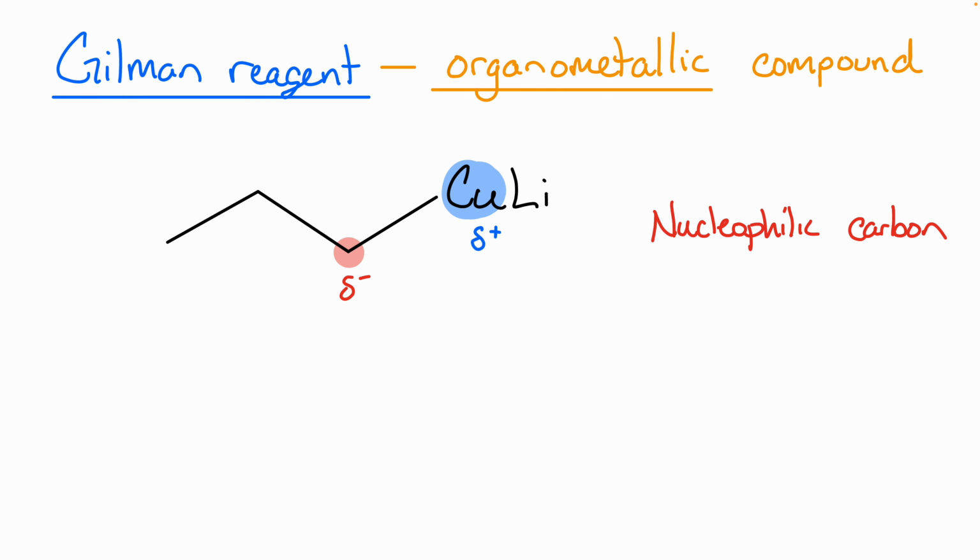An element that we don't see playing the role of a nucleophile terribly often, right? But in these organometallic compounds, because we have this carbon-copper bond, and copper's not very electronegative at all, carbon is pulling that electron density, so it's going to be our nucleophilic site here.